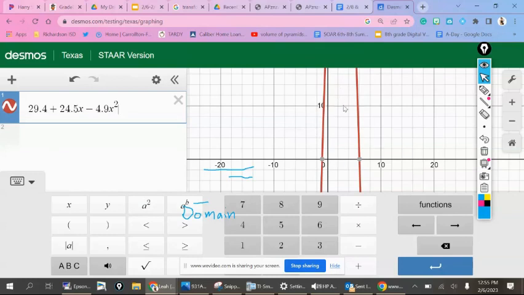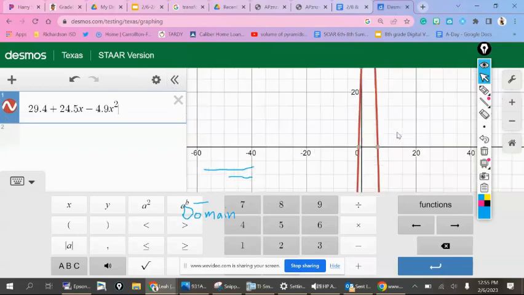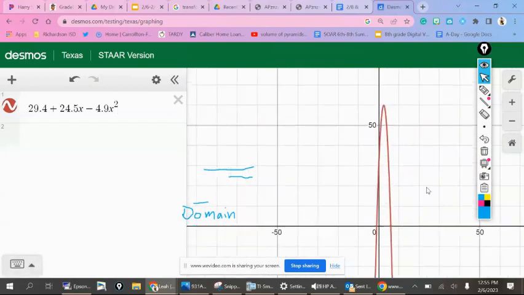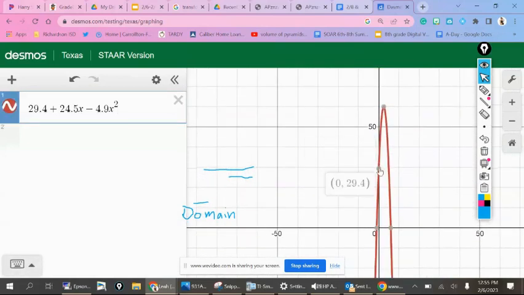One thing that's tricky about this one is that there's no such thing as negative time. I'm just double checking the numbers. There's no such thing as negative time, so we have to start here.